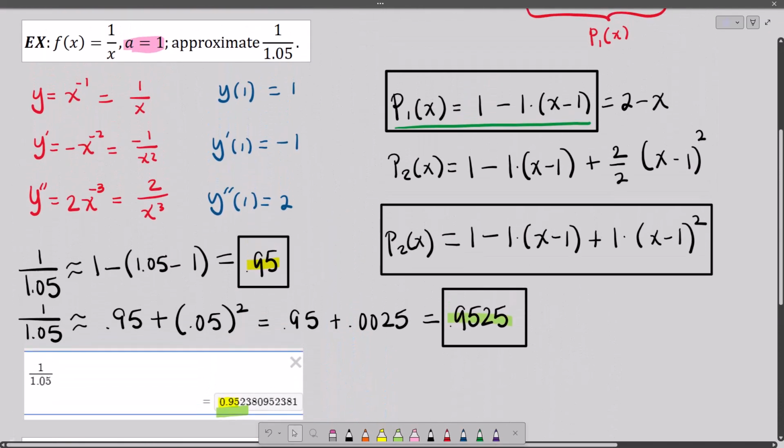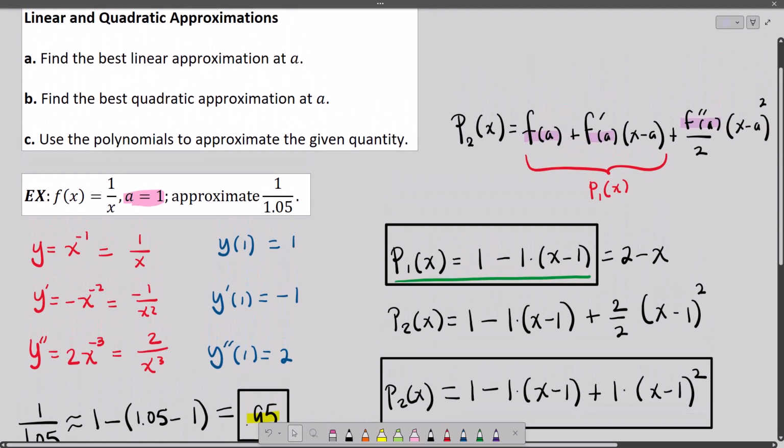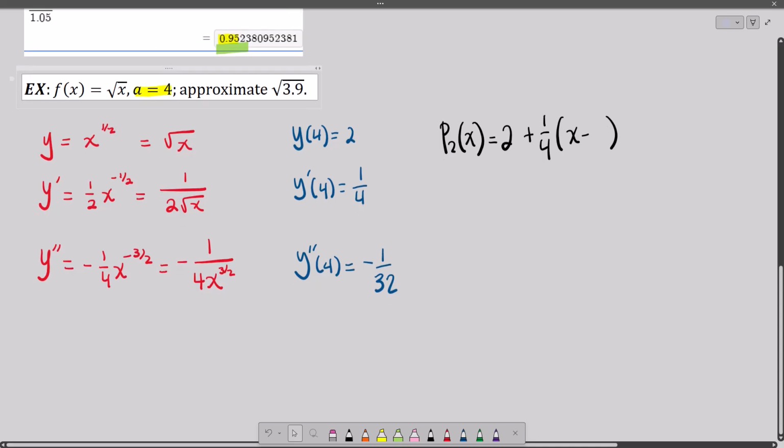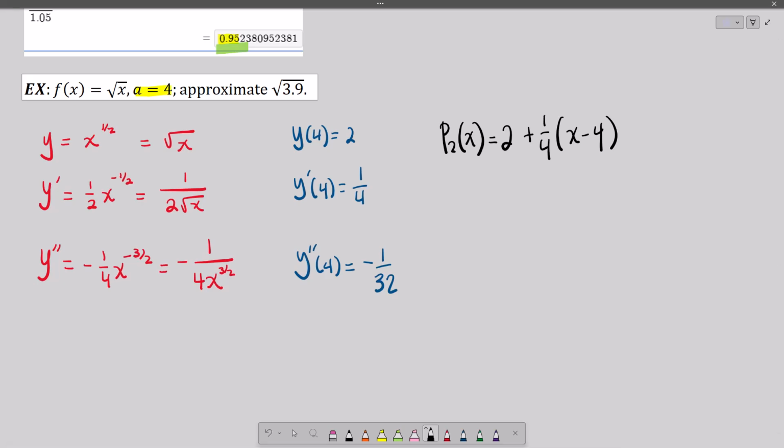So this is x minus a. So both of those are x minus a. If the center is 4, we replace that with x minus 4. So that part is p sub 1. And so we can indicate that, we could just say, okay, this part's p sub 1. Instead of rewriting it again and again, that's p sub 1 of x.